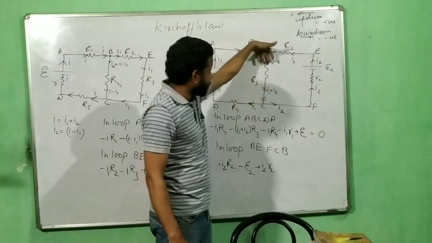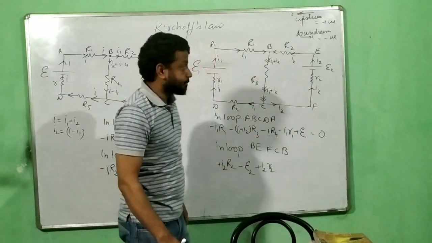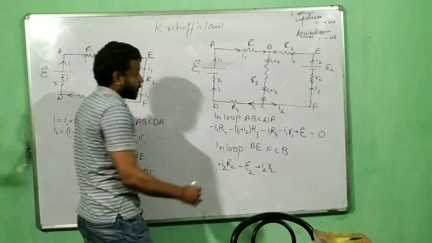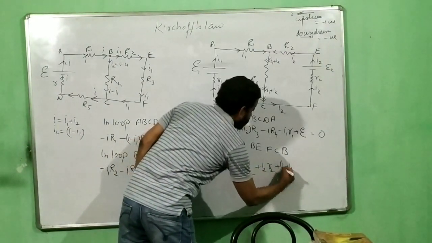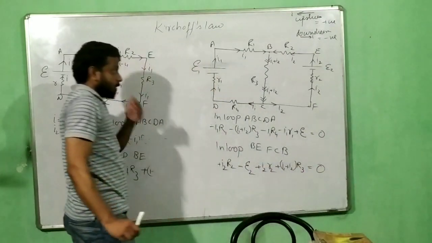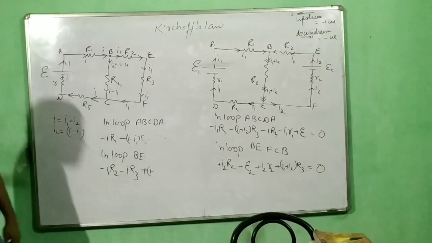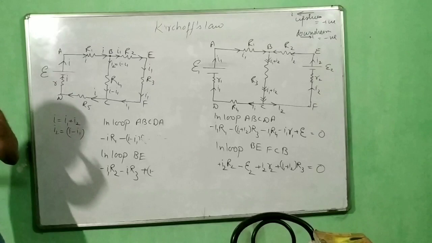This is how the river is flowing, and you are going like this, upstream. So plus (I1 plus I2) multiplied by R3 equals 0. Okay, so this is how we write.